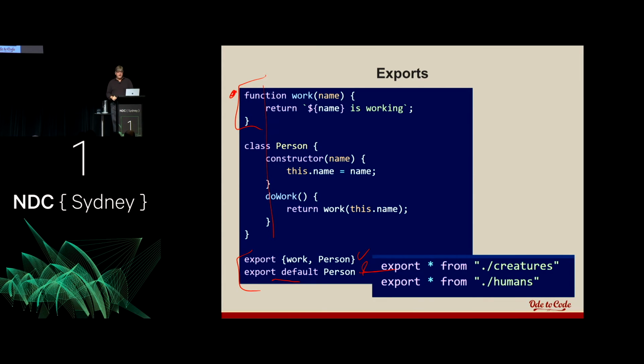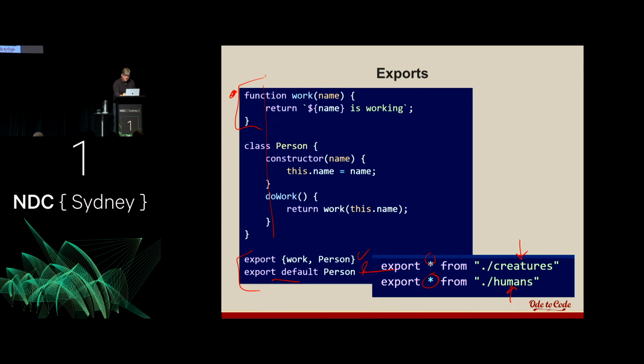There's also a syntax that allows you to roll things up. And this is quite useful if you're building a library or you want to build an API. It's even quite useful inside of applications sometimes. This is basically saying, hey, take everything from this module, creatures, and export it, and also take everything from the humans module and export it. And so now I have a module that other people can work with without knowing about these lower level modules, creatures and humans, and referring to them directly.